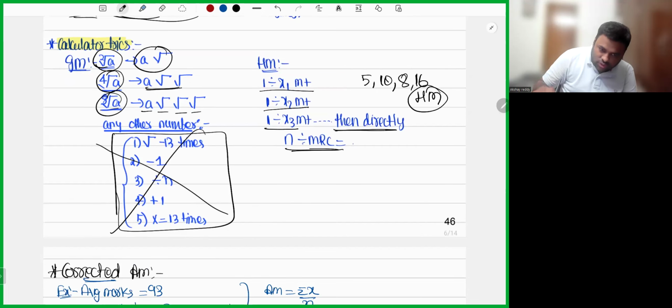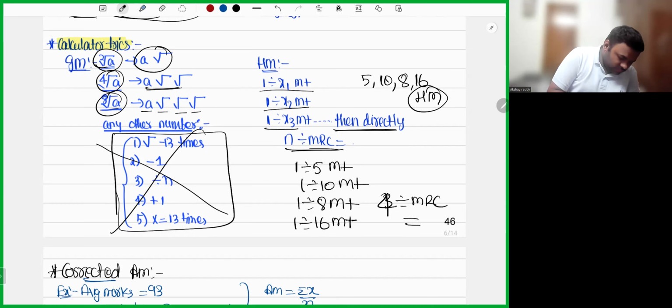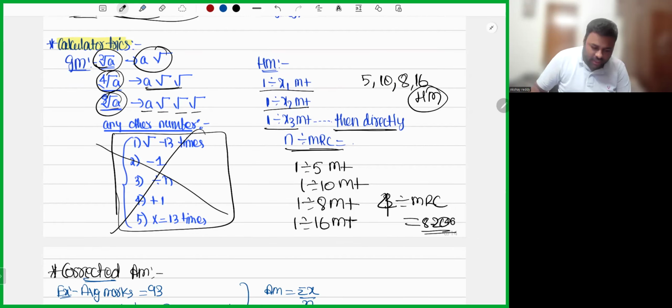I'll just show you how to do it in a calculator. 1 divided by 5 M plus, 1 divided by 10 M plus, 1 divided by 8 M plus, 1 divided by 16 M plus, then 4 divided by MRC equals to. I'm getting 8.20 something. Once check whether you are getting the same or not.